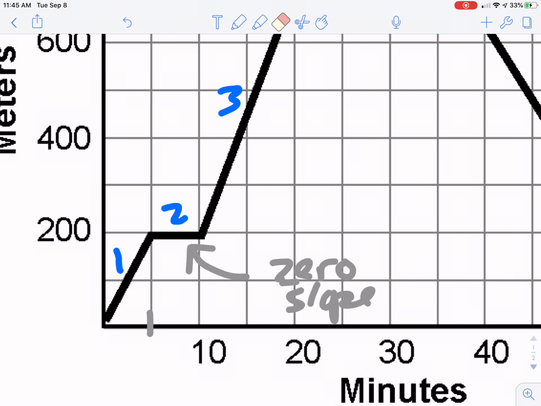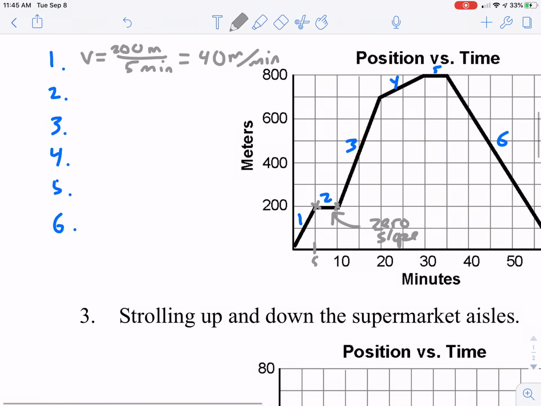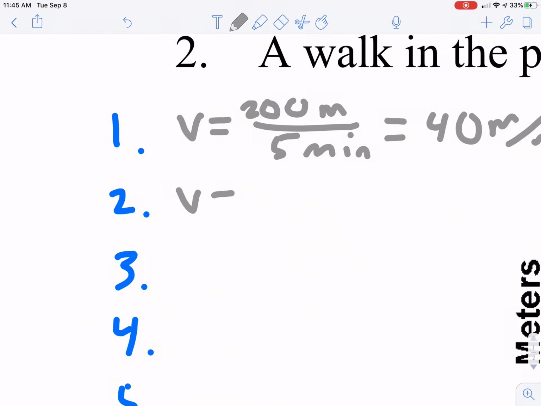And we can reason it out the following way. This person who's taking a walk in the park is at a position of 200 meters, right here at the 5-minute clock reading time. And then 5 minutes later, they're still at 200 meters. In other words, this person stays at the same position. So if you haven't moved from the same position, that means you're not moving at all. 0 slope, 0 velocity. So velocity equals 0.